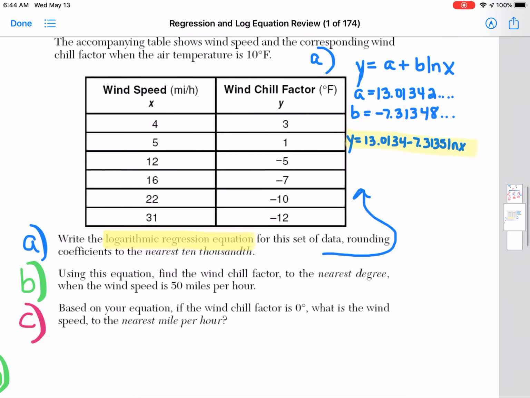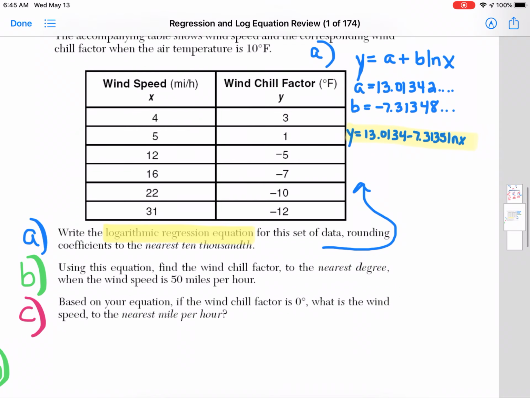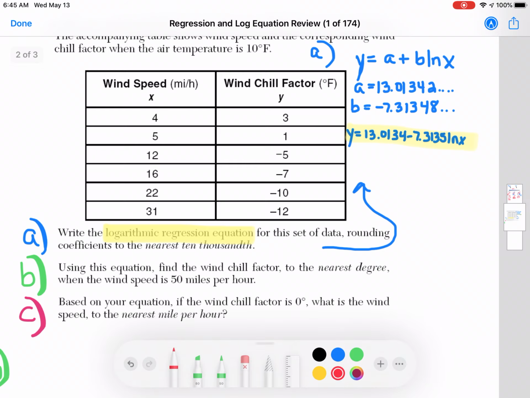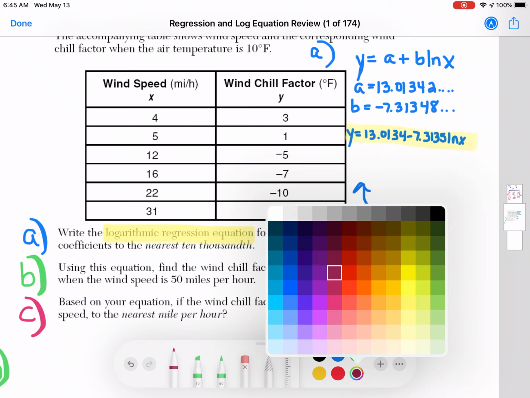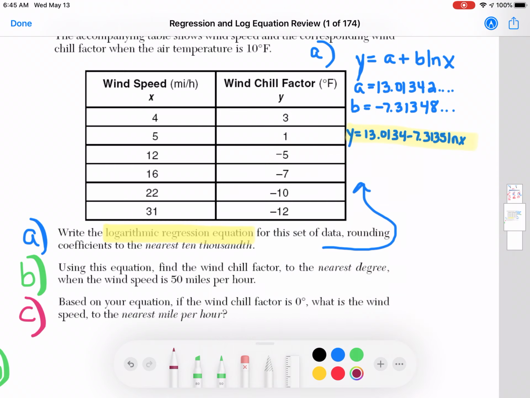And now we're going to use this equation to make predictions, and that's what's cool about these models. It says use this equation, find the wind chill factor to the nearest degree when the wind speed is 50. So we have to figure out, is 50 an x or is 50 a y? 50 is a wind speed, so that's going to be an x value. So I'm going to take 50 and plug it in for x.